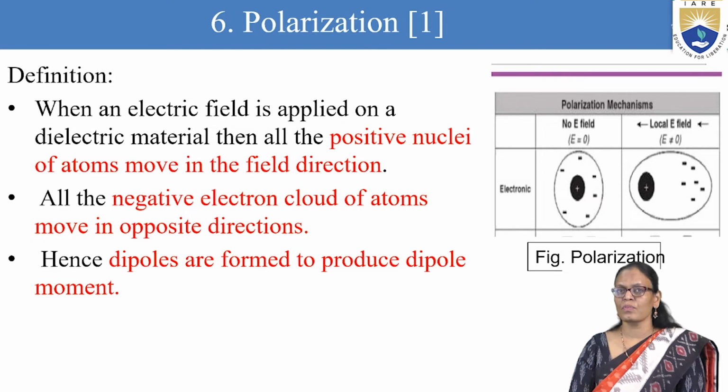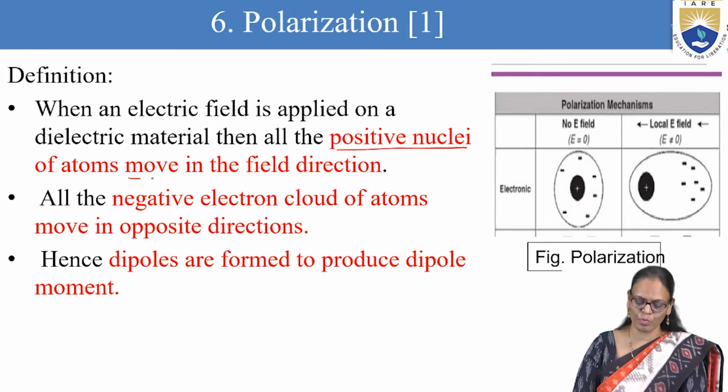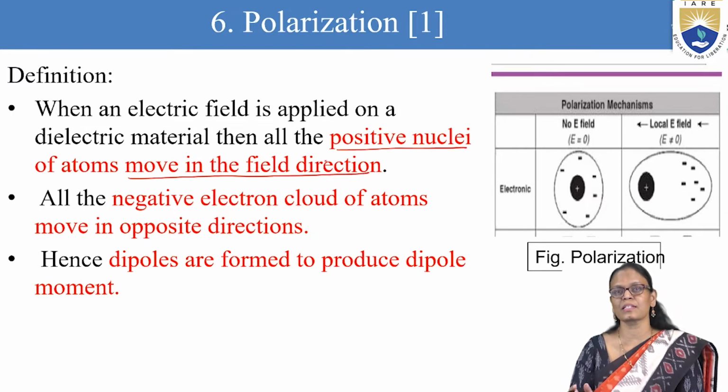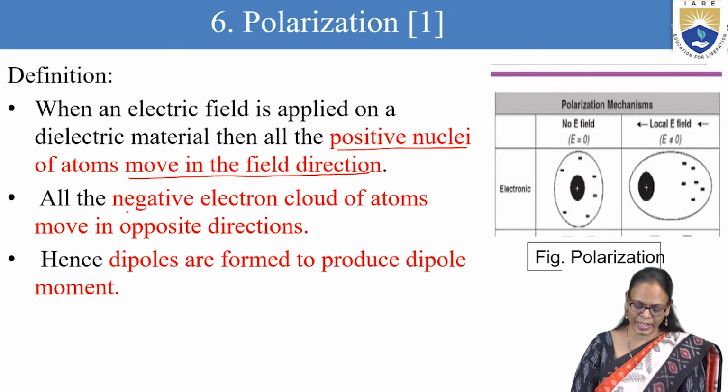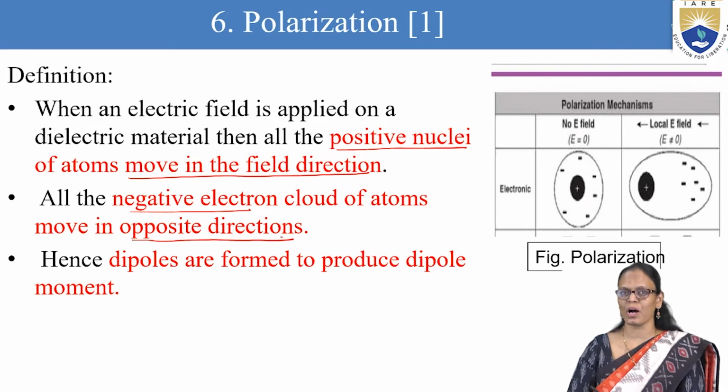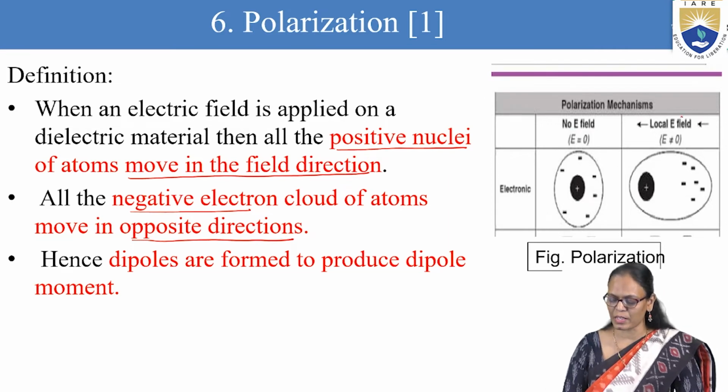So when an electric field is applied on a dielectric medium, all the positive nuclei of the atoms move in the field direction, and the negative electron cloud will move in the opposite direction. We'll understand how this movement happens with the help of this figure.